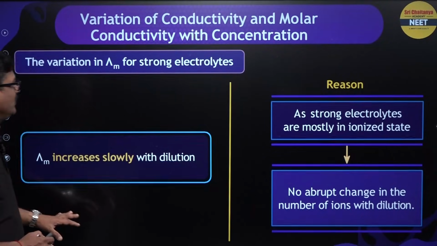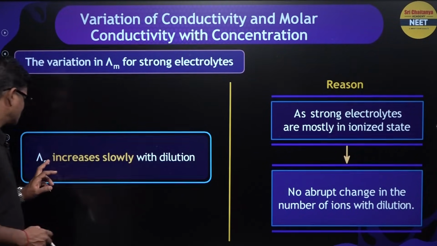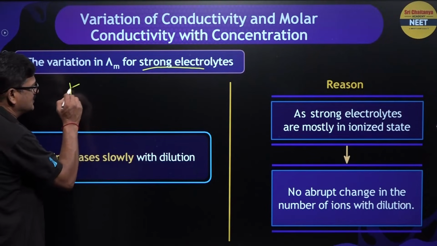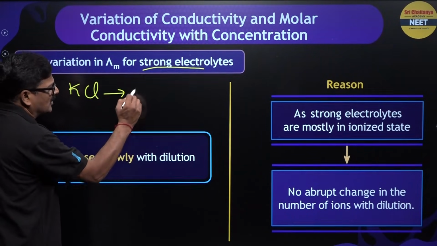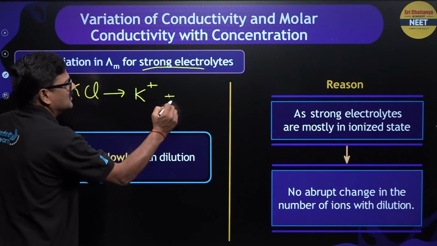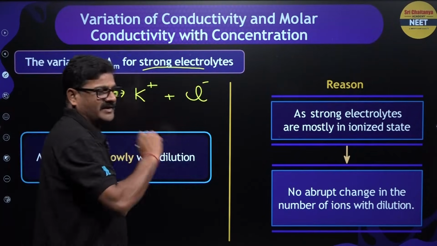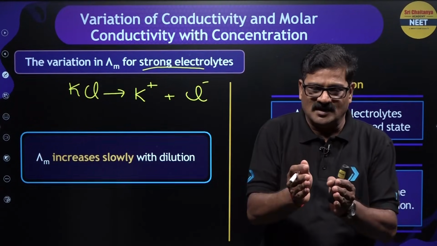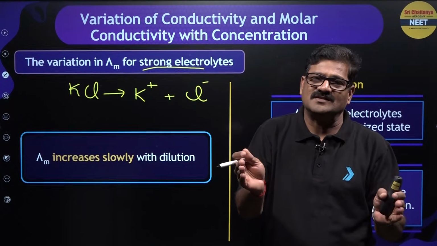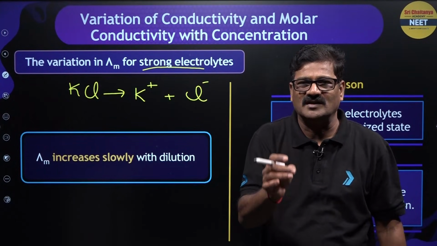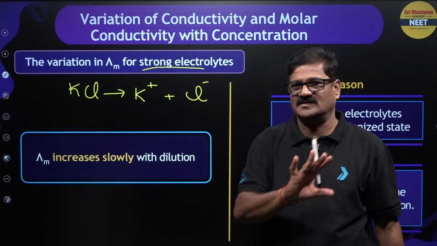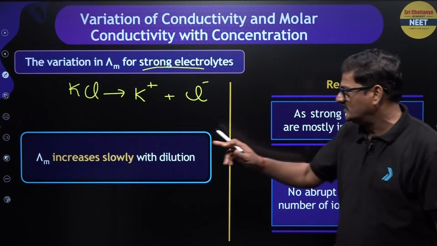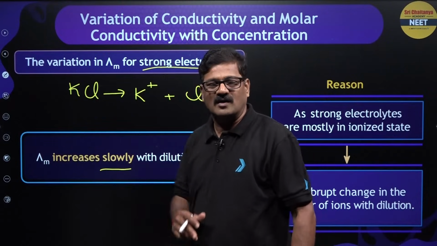For a strong electrolyte, say an example KCl, the moment it dissolves in the water, K plus and Cl minus, it ionizes. But on dilution, the distance between ions is increased, inter-ionic forces decrease, so the ions are going to move more easily. So, it increases slowly or steadily.